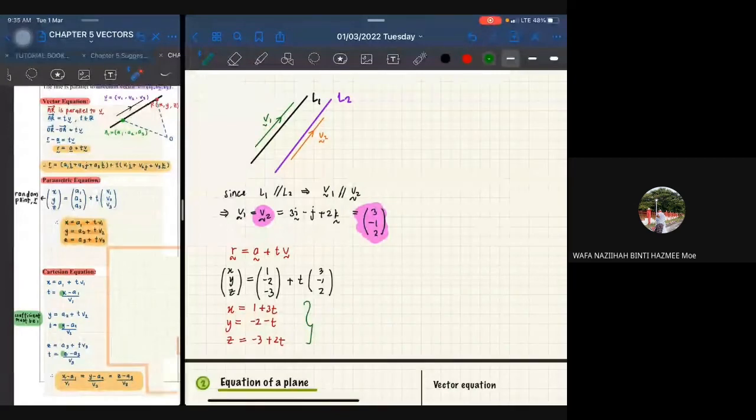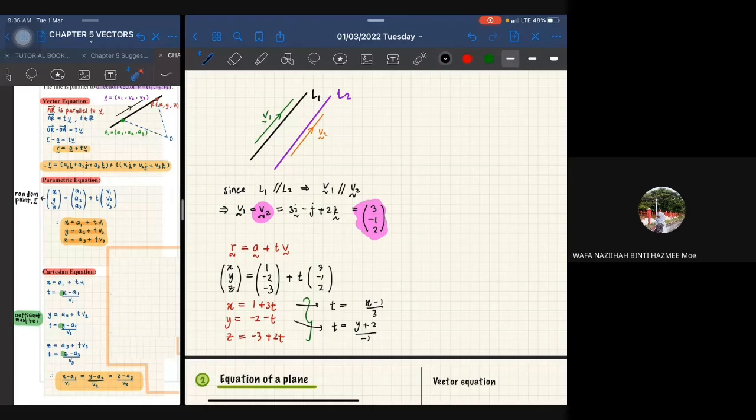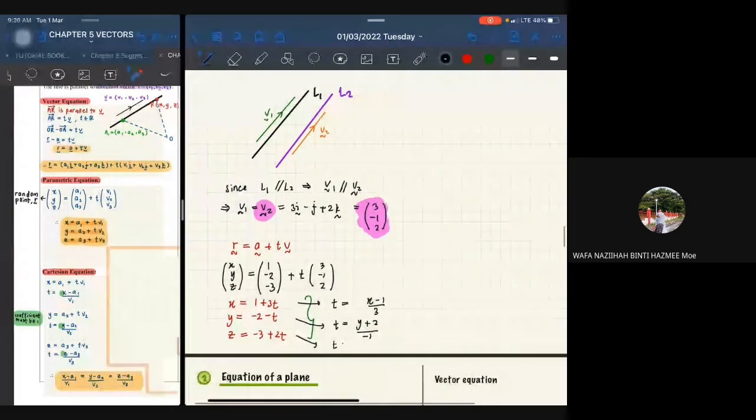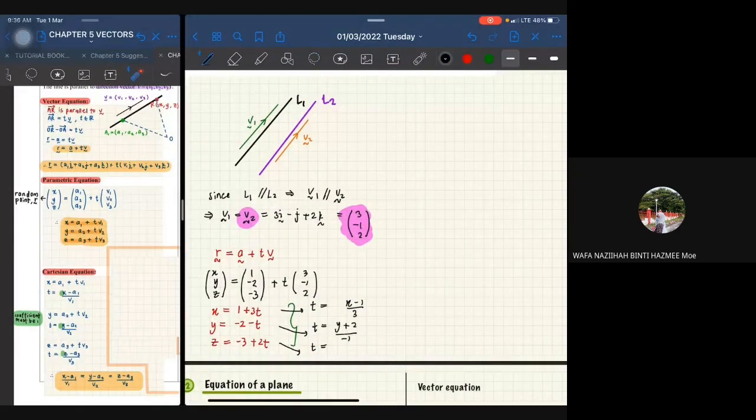Okay, so untuk yang first sekali, for x, you will get t is equal to (x minus 1) over 3. Okay, and then for y, you will get (y plus 2) over negative 1. And then lastly for z, you will get t is equal to (z plus 3) over 2.